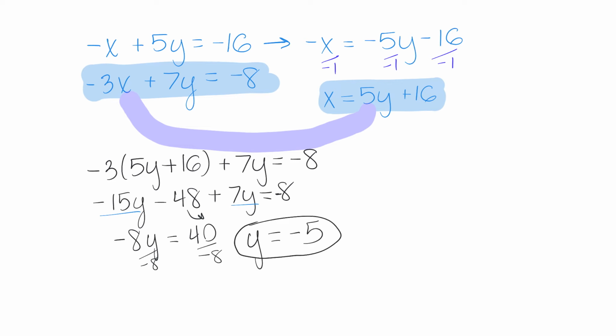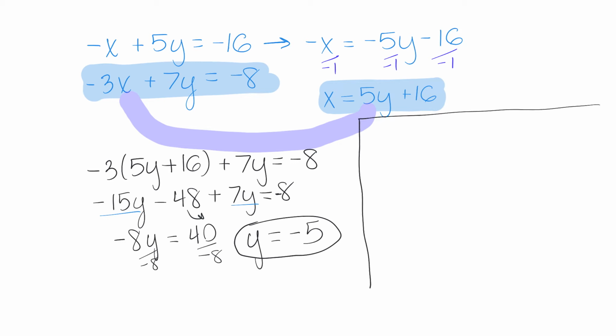Okay, so step 1, done. I have y. Now I'm going to plug my y into either one of my original functions. Doesn't matter which one. I'm going to go with the top one. It looks like maybe it's a little nicer. So I'm going to put my y in here. I'm going to start a new little space here.